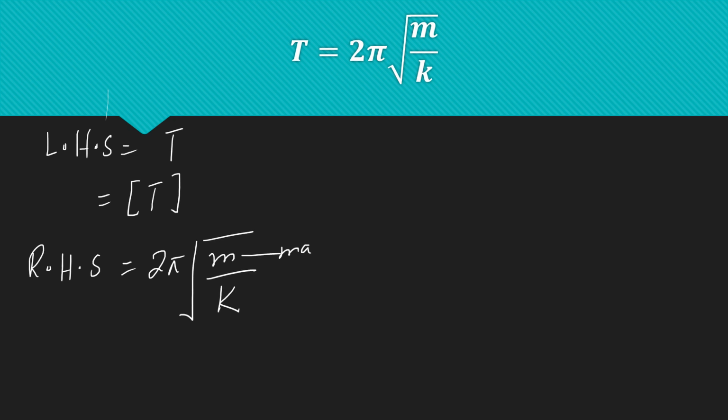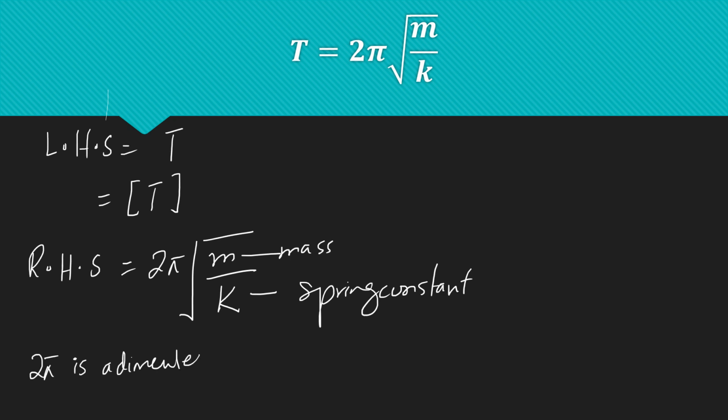M is the mass and k is the spring constant. Again, 2 pi is a dimensionless constant, so we can omit it. So the final formula will become under root m over k.